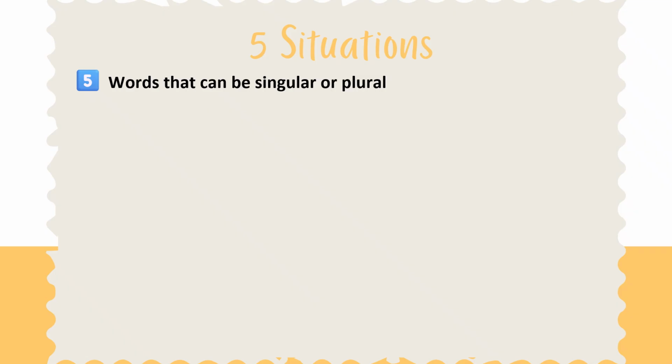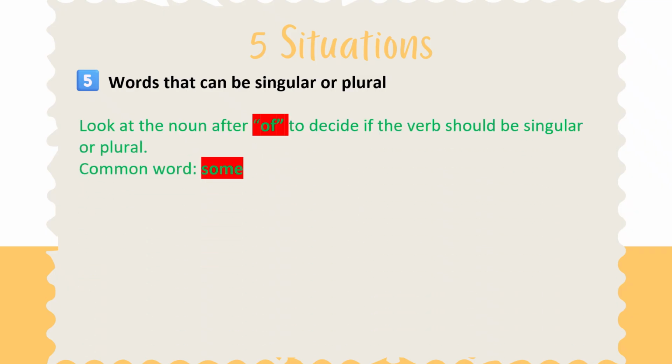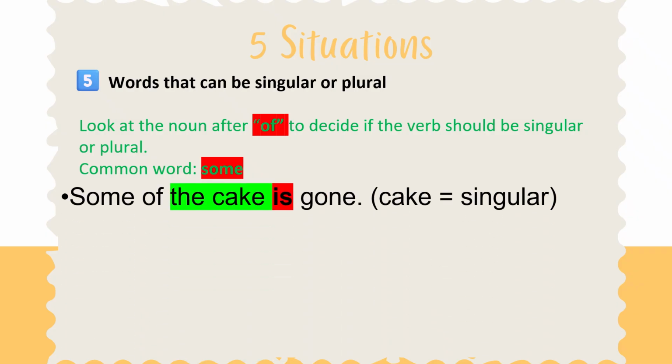And the last situation is about words that can be singular or plural. Here, we learn one word, some. Look at the noun after of to decide if the verb should be singular or plural for some. Some of the cake is gone.